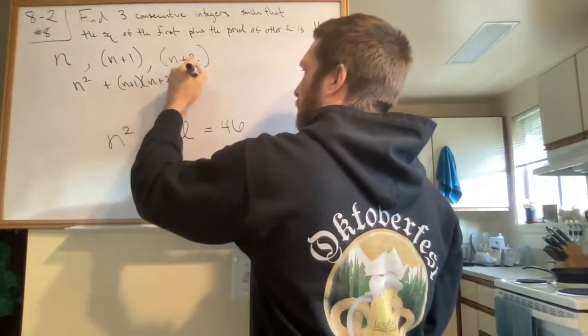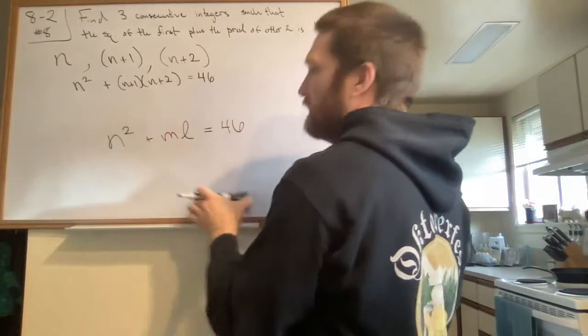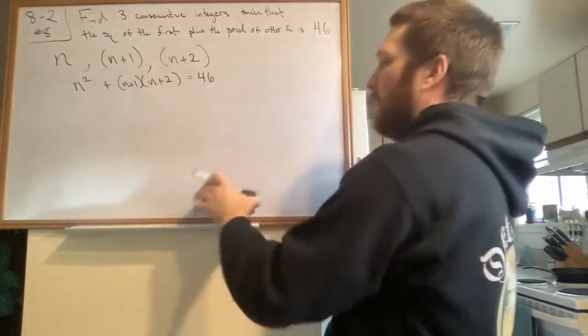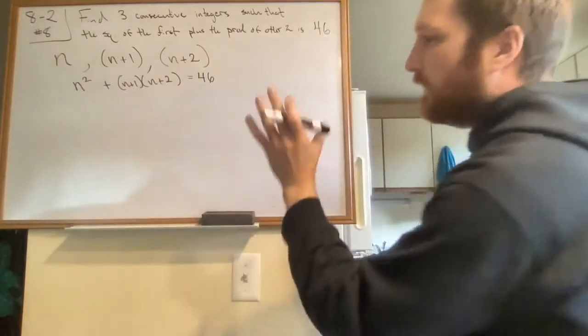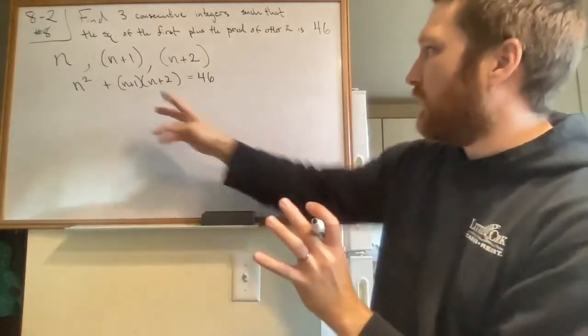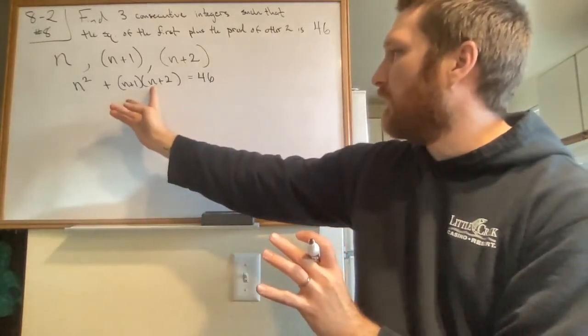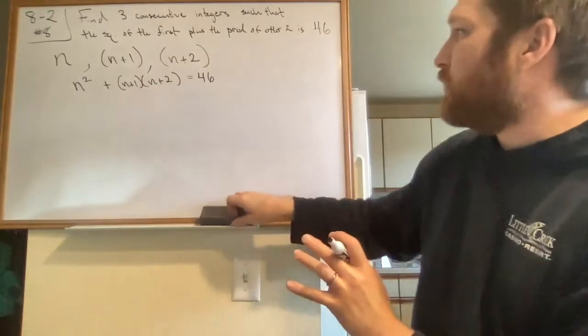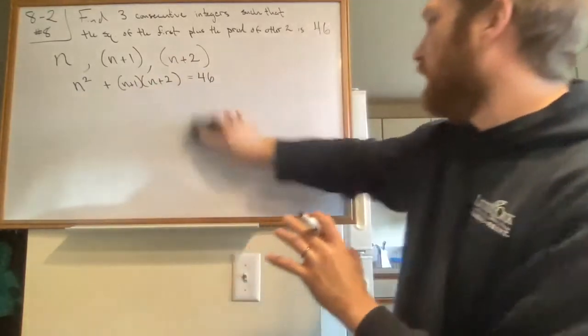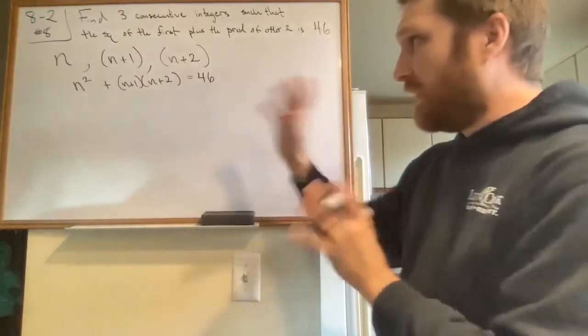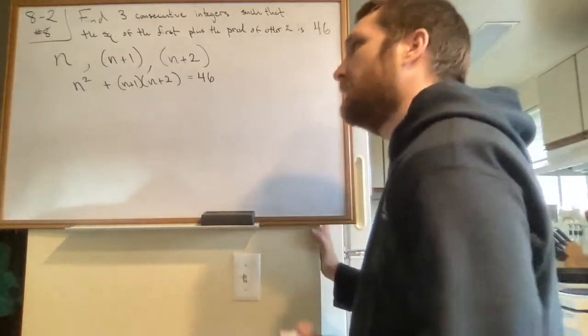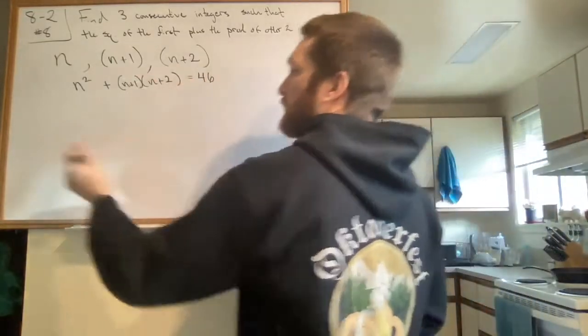All right, and what do we have? Well, this is a quadratic, right? Because I could tell that the highest order here is going to be n squared, we're going to pick up another n squared right here. But I know that if I could turn this into an equation equal to 0, I should be able to solve this thing. So let's go ahead and multiply this out.